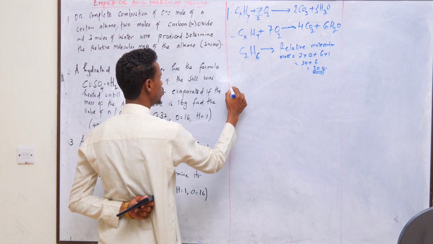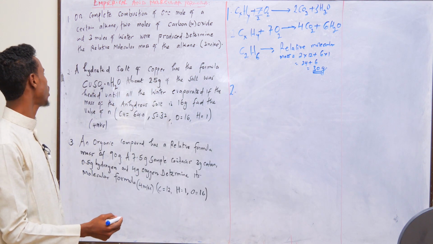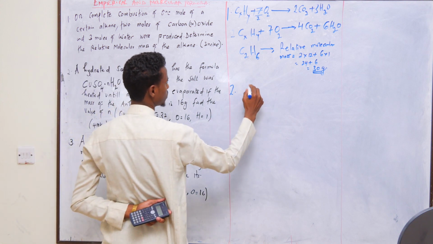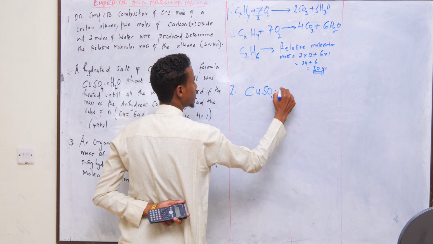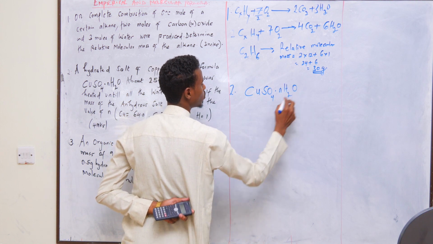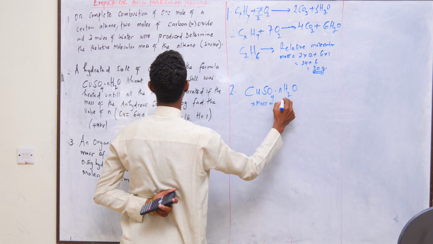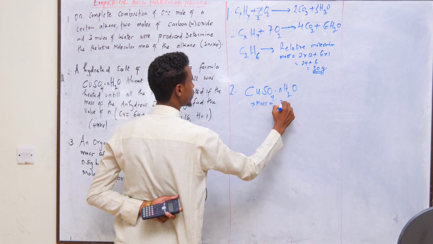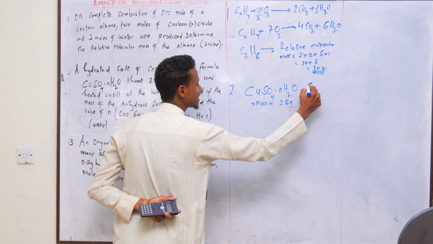Question number 2. A hydrated salt of copper has the formula copper(II) sulfate and water. The mass is 25 grams. This is the hydrated one.